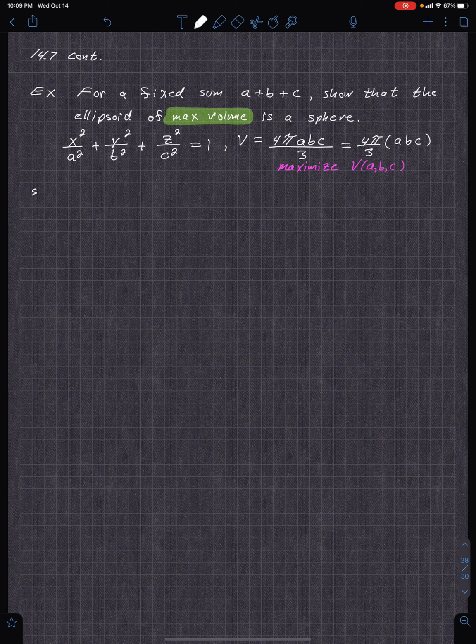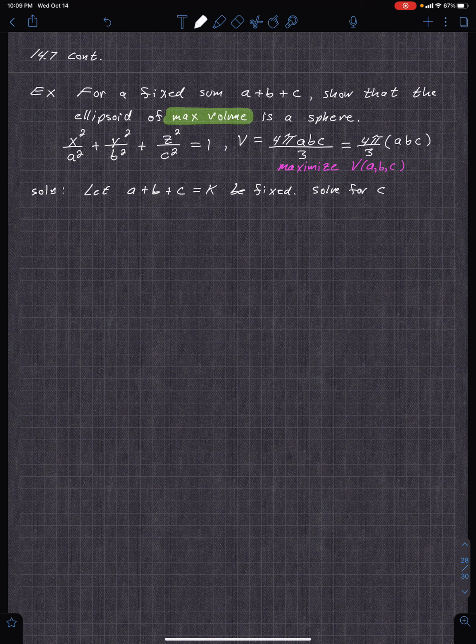Okay, so here's our solution. I don't always write down the solution, but I did this time. Let A plus B plus C equal a constant be fixed. Then we're going to solve for C. It doesn't matter which one.